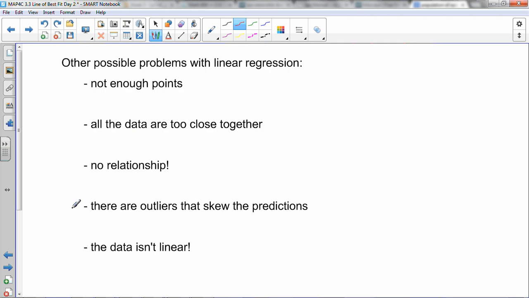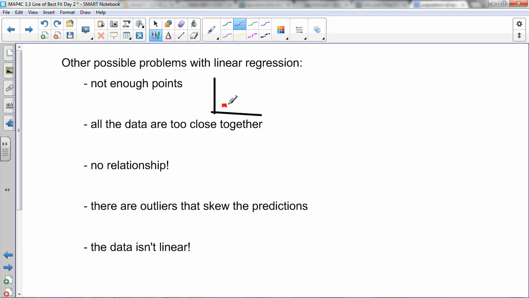And there are other possible problems with regression. One is that we don't have enough points. So for instance, let's say we do a little research and we get a scatter plot, and that's fine.